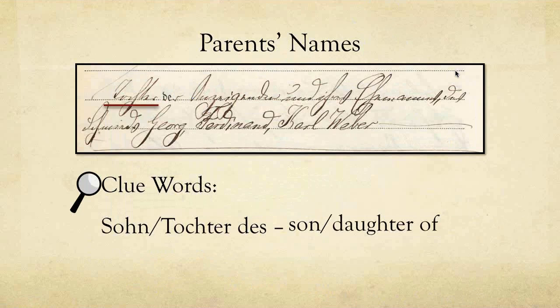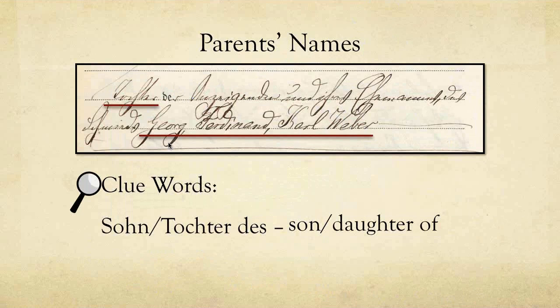So here we have the daughter, the Tochter of. Then we look for our name. Maybe you recognize that last name there, and you want to go back from there. And his name is Georg Ferdinand Karl Weber. Also 3 names. And we don't see another name.